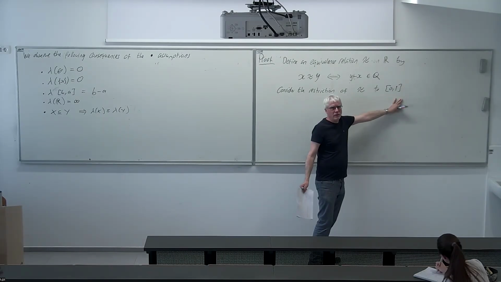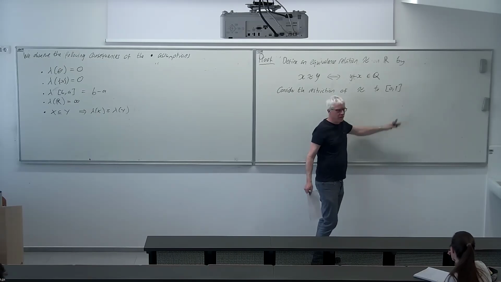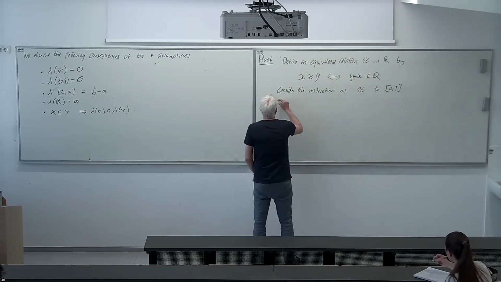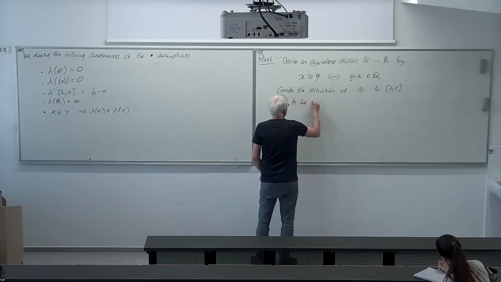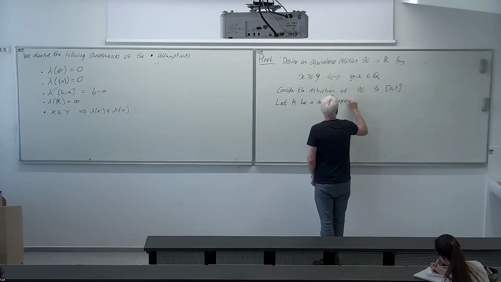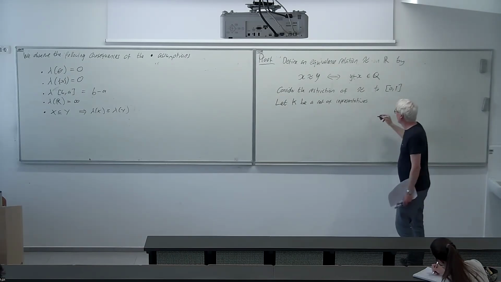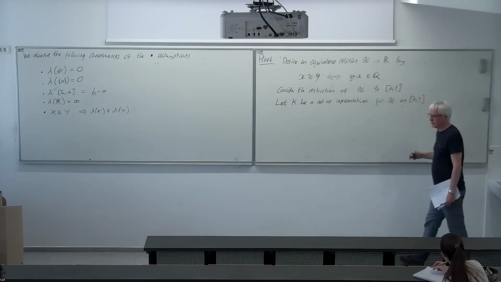Now remember that one of our equivalents of the axiom of choice was that every equivalence relation has a set of representatives. So by AC, let K be a set of representatives for the equivalence classes of the equivalence relation on [0, 1].